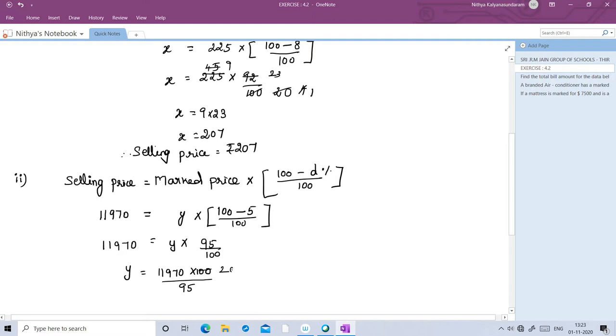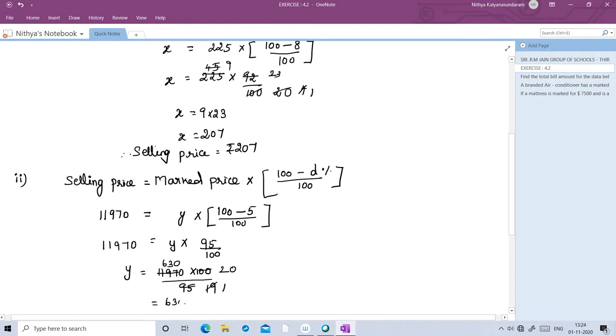2 5s are 10, 2 5s are 100, 5 ones are 5, 445, balance is 1, 445, 9 5s are 45. Then 19 table, 630 1s are 11,970. Then 630 into 20, it's 12,600.